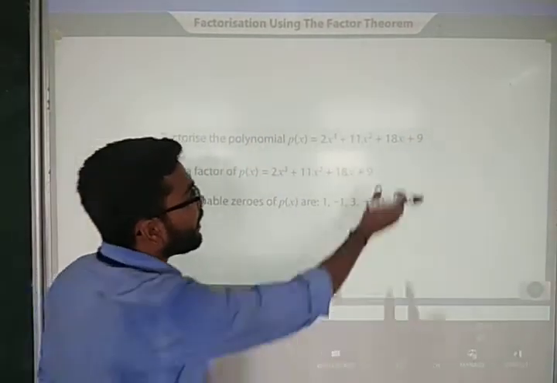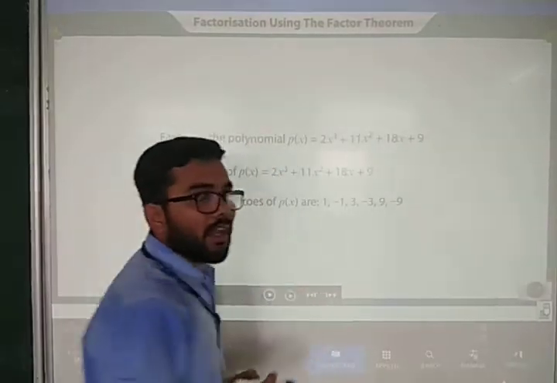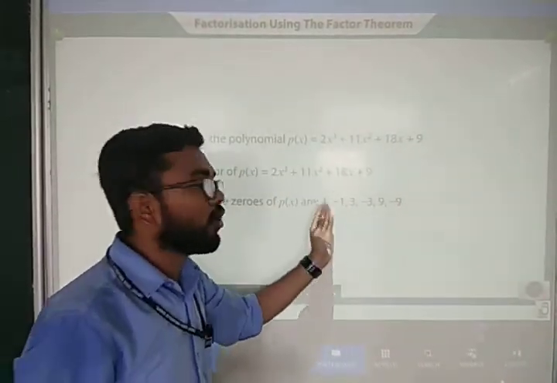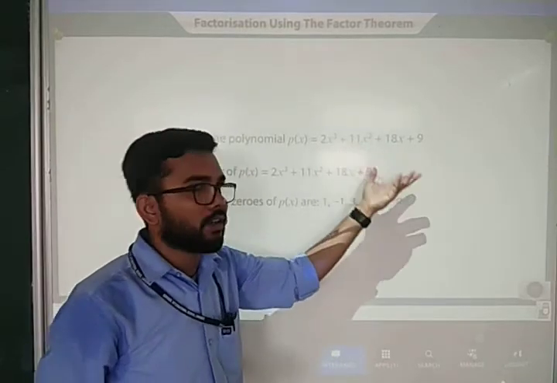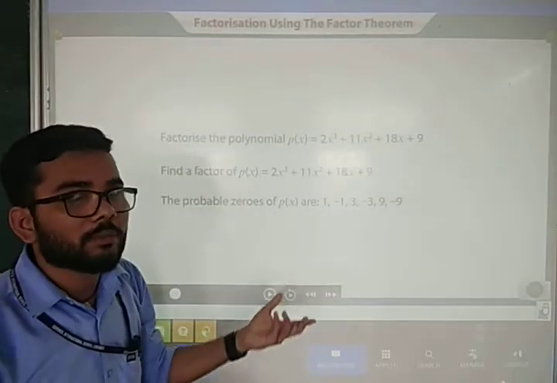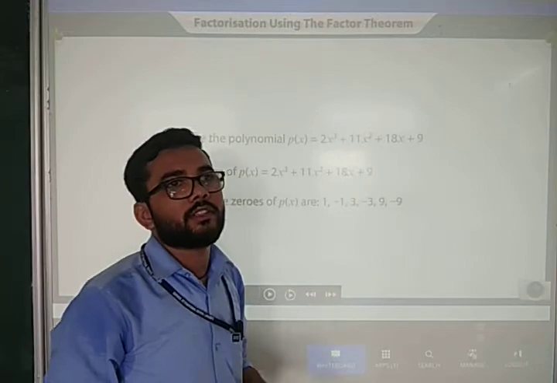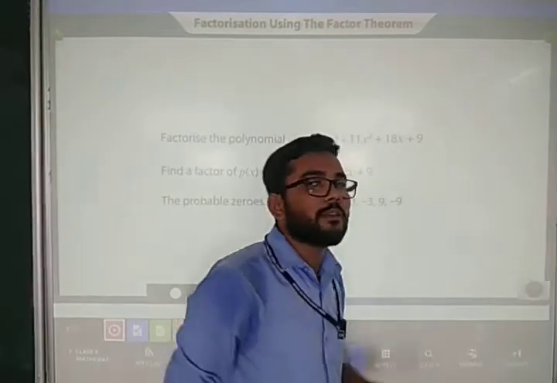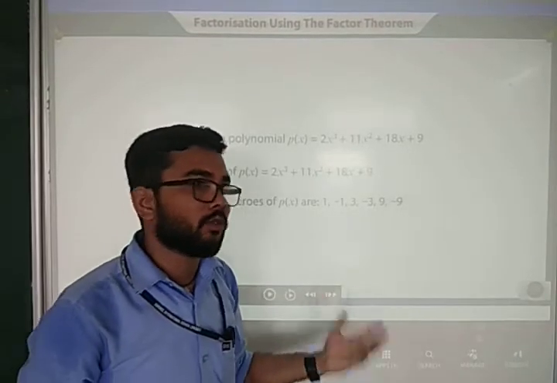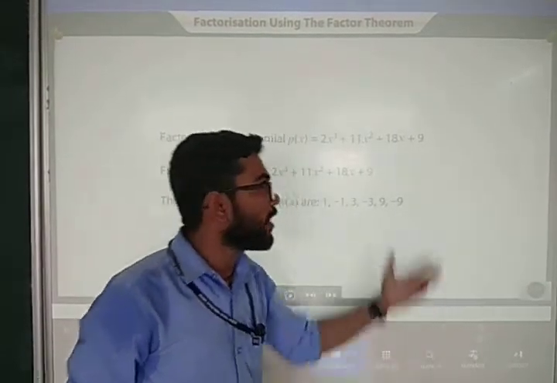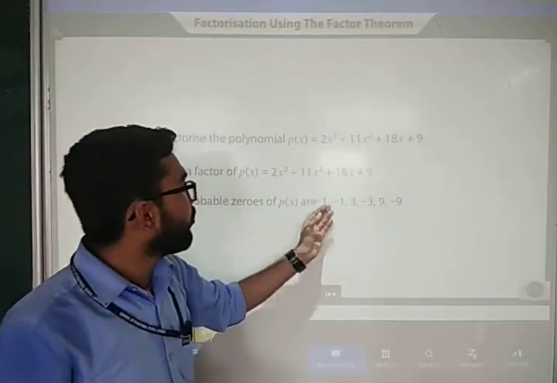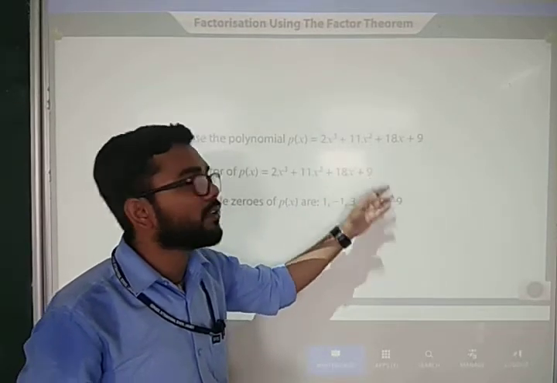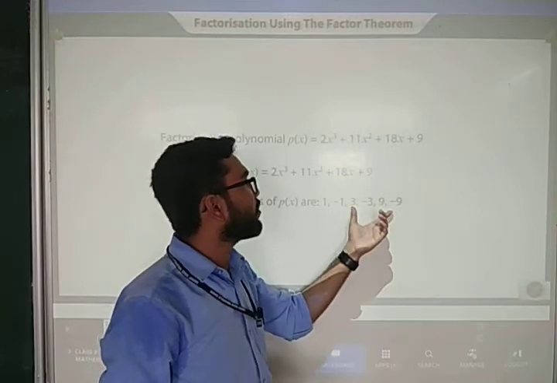So here 9 is the constant, and the factors of this 9 are 1 or minus 1. If a number is a multiple of any number, the negative of that number is also a multiple. Suppose 9 lies in the multiples of 3, then 9 also lies in the multiples of minus 3. So 1, minus 1, 3, minus 3, 9 itself and minus 9 are the factors of 9.